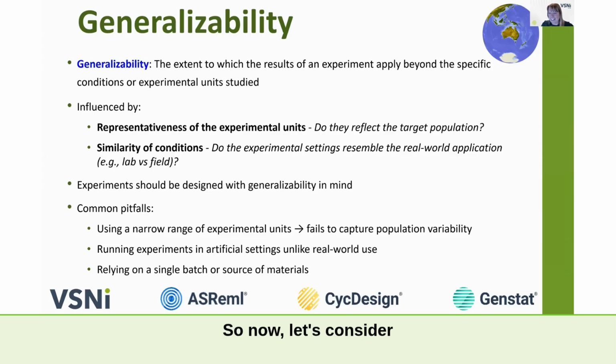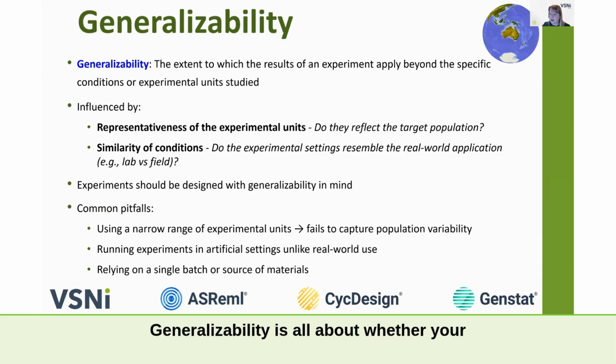So now, let's consider generalizability. We've talked about how Fisher's third R, reducing nuisance variability, makes designs more efficient and inference more reliable. However, there's a trade-off. It can also limit how broadly we can generalize our results.